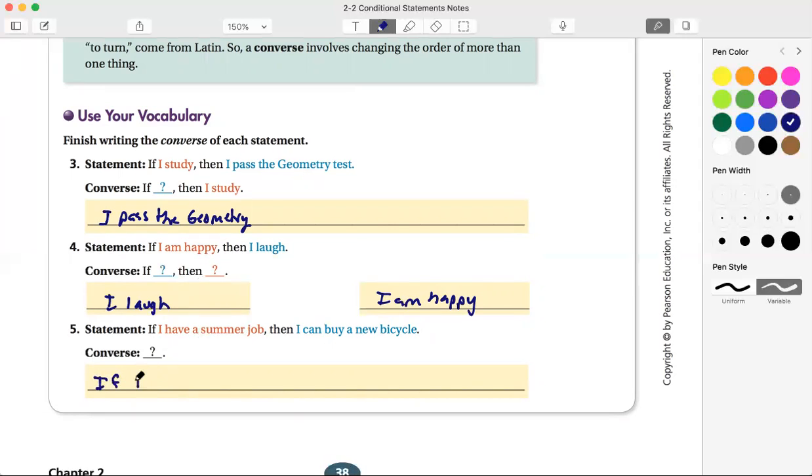If I can buy a new bicycle, then I have a summer job. And that is how we write the converse. So we just switch the order of this statement.